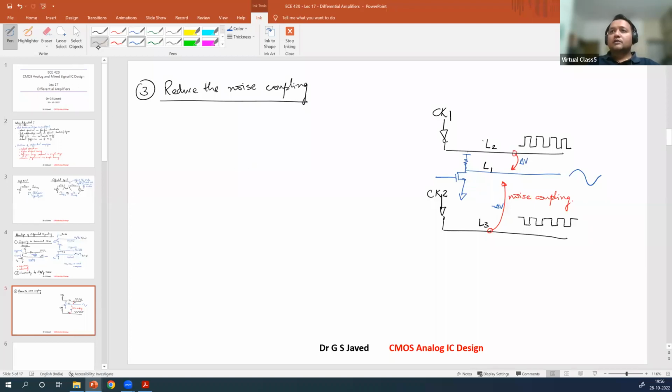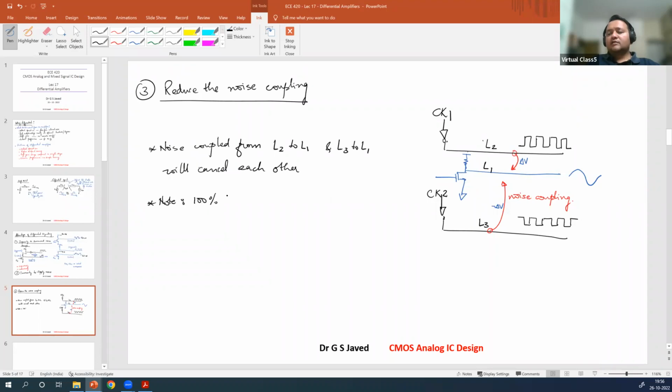So noise coupled from L2 to L1 and L3 to L1 will cancel each other. Note, 100% cancelling will not happen.